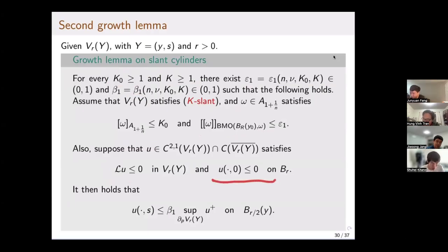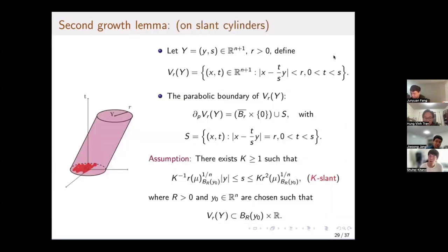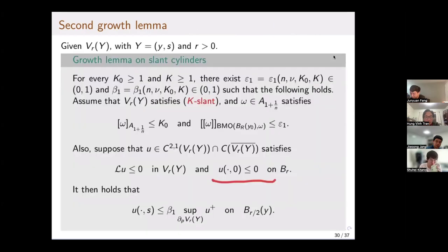We assume at t equals 0 the base is less than 0, okay? Then we have the supremum on the top, the half ball at t equals S, will be less than beta 1 times the supremum of the parabolic boundary.